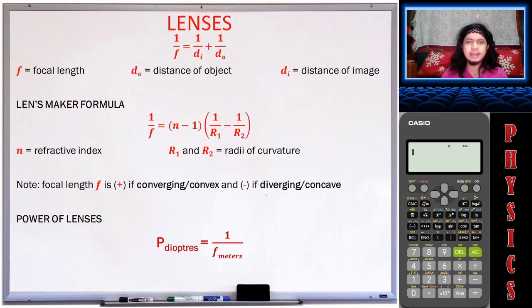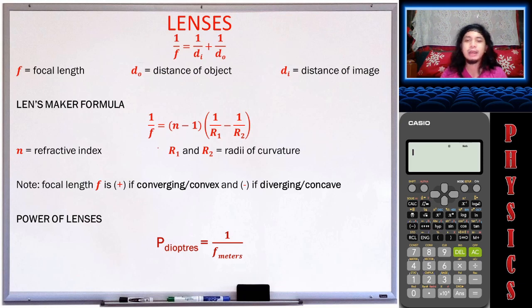And then, punta tayo sa equations. So, this equation is for the lens. And, of course, mamaya, magagamit din natin siya sa mirror. General equation for lenses and mirror is 1 over f equals 1 over di plus 1 over do, where f is the focal length, do is the distance of object to the lens, and di is the distance of the image to the lens.